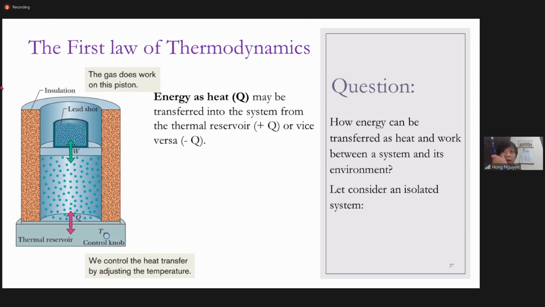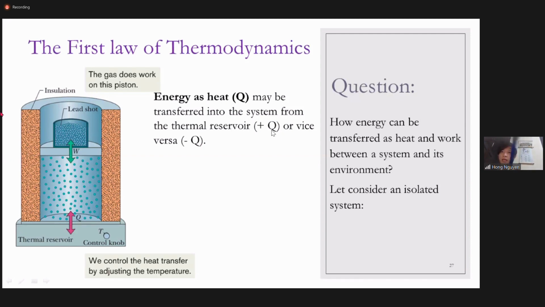Okay? And the energy as heat here may be transferred into the system from the thermal reservoir or vice versa, right? If the system receives or gains heat, please remember, then the heat will have a positive sign.